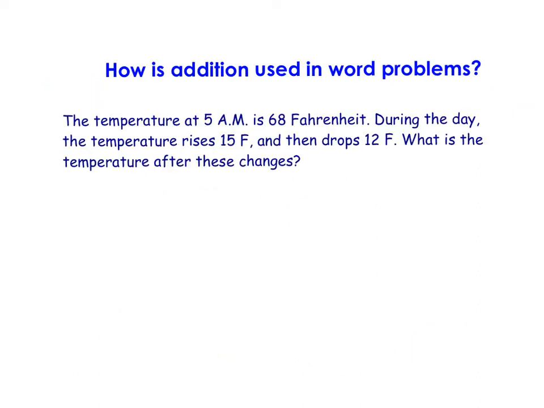So last but not least, we're going to look at how addition is utilized in word problems. If we read through this together, it says the temperature at 5 a.m. is 68 degrees Fahrenheit. During the day, the temperature rises 15 degrees Fahrenheit and then drops 12 degrees Fahrenheit. What is the temperature after these changes?